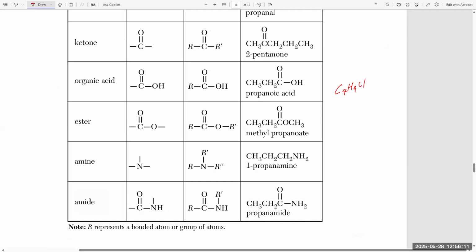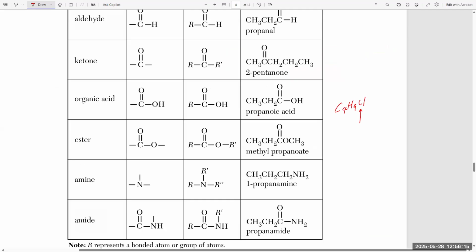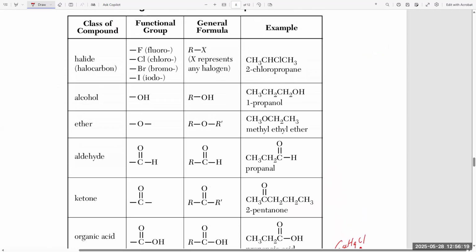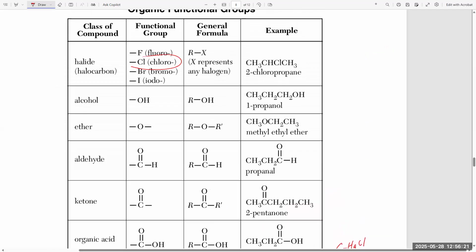Now let's take a look. What gives this away? It's the halogen, right? So is there something that has halogen? Oh, look at that. We do have one with a halogen, right? And it says X represents any halogen that's attached to this. So therefore, C4H9Cl looks a whole lot like this.